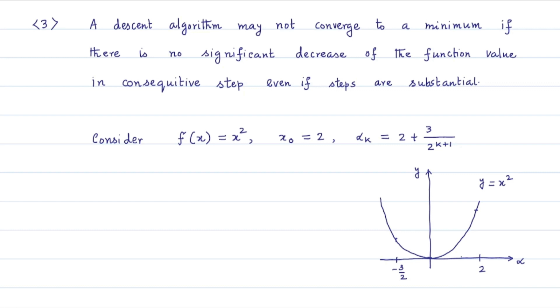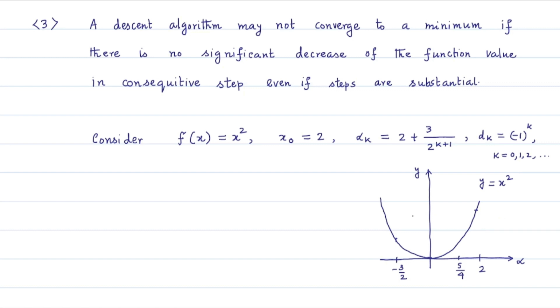Then again we reach a point by taking the step length alpha 1 equal to 2 plus 3 by 2 square. We are at the point 5 by 4. At 5 by 4, a descent direction is along the negative x axis. And in general, we can find that at the iterate xk, a descent direction is given by dk equal to minus 1 to the power k for every k starting from 0, 1, 2 and so on.